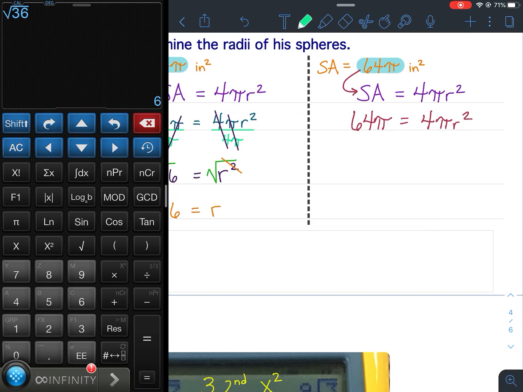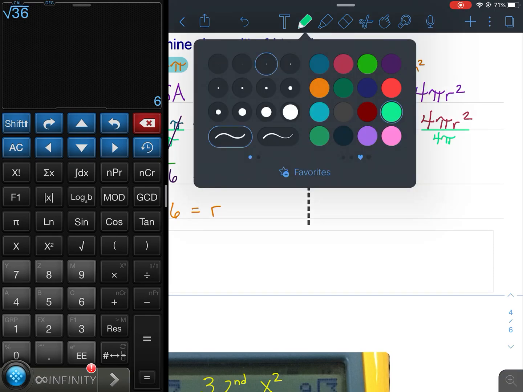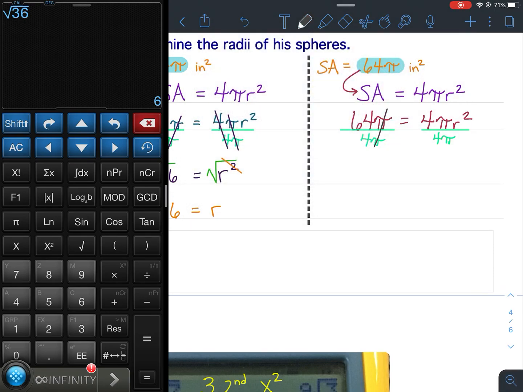First step is to get rid of the 4 pi. So I'm going to divide both sides by 4 pi. That'll cancel the pi's on the left side. It'll cancel the 4 and the pi's on the right side.